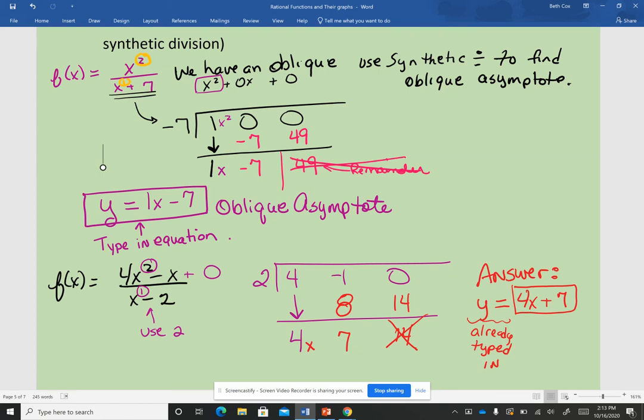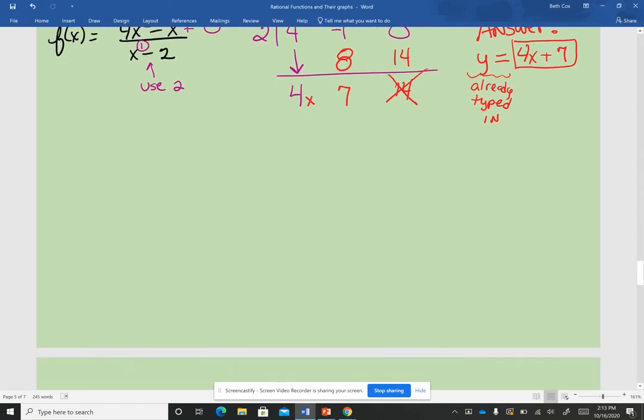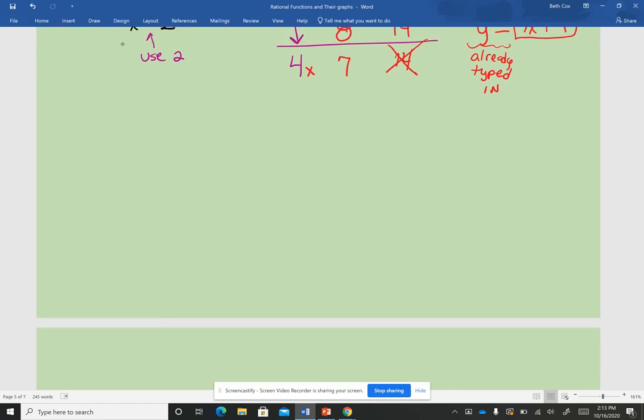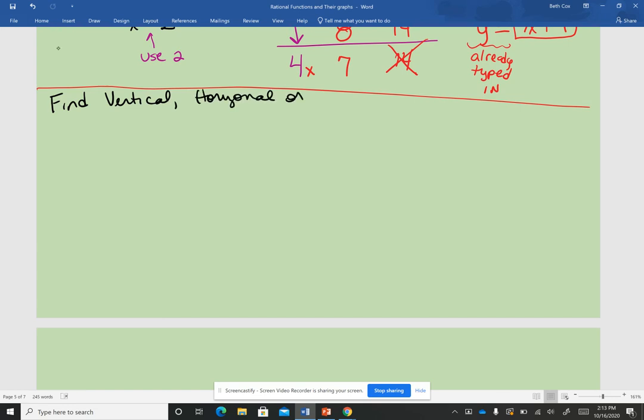So, one more problem real quick. This one says, find all the asymptotes. It says find the vertical, the horizontal, or obliques.